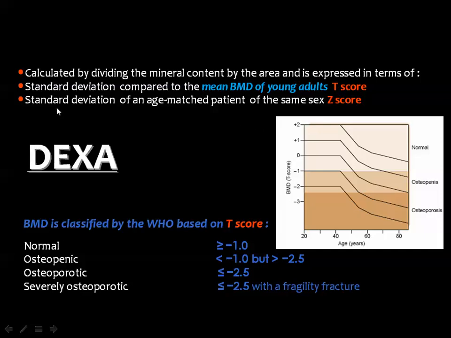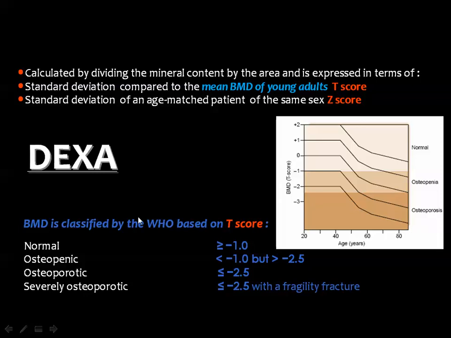And by the Z-score, there is a standard deviation of an age matching volunteer of the same age and the same sex as the patient who is not complaining of any symptoms related to osteoporosis, and this is the score.